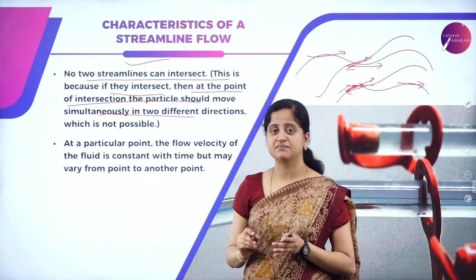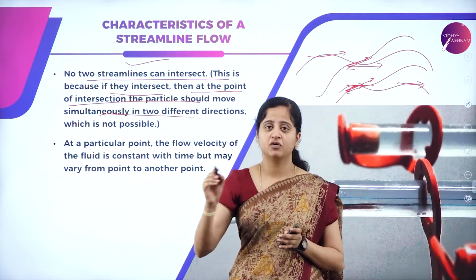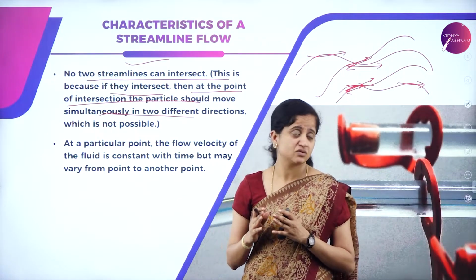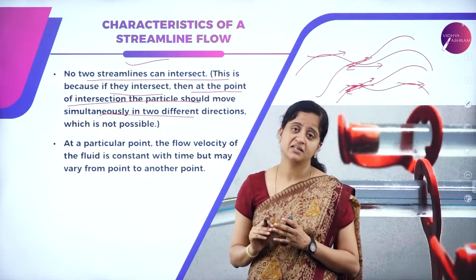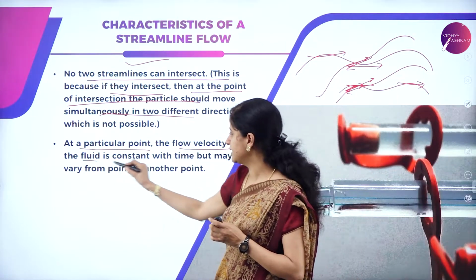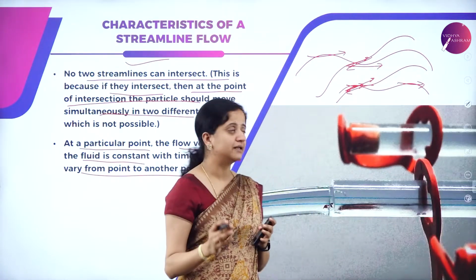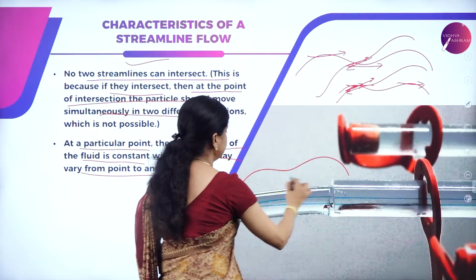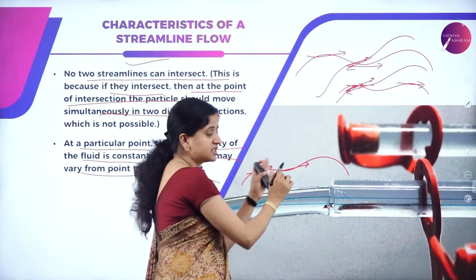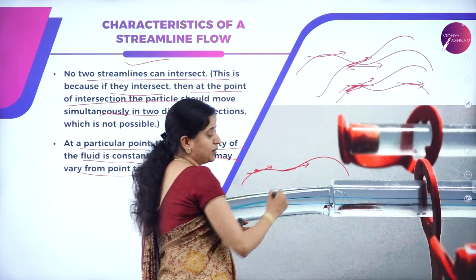It can also be analyzed by considering the other point that in streamline flow the particles flow parallel to each other. So no two parallel lines intersect so easily, and here no two streamlines can intersect with each other. At a particular point, the flow velocity of the fluid is constant with time, but may vary from point to point, which means if we consider one point here, the fluid velocity may remain constant with respect to time at this point, and it may vary at another point.